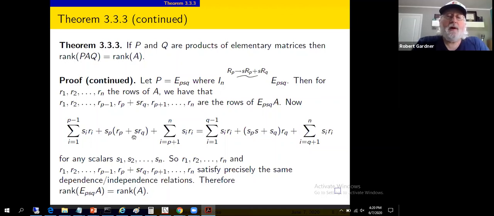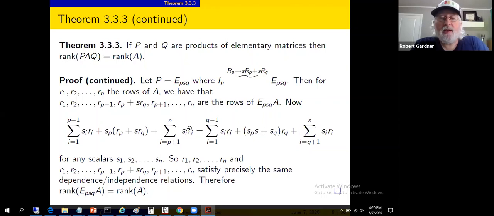All right. I want to ultimately relate that to a sum from i equals 1 to n of s sub i, r sub i, the original rows of matrix A. But I'm going to do so by rewriting it as given over here. All right. We've got i equals 1 to n, s sub i, r sub i. Here they are when i is between 1 and p minus 1.